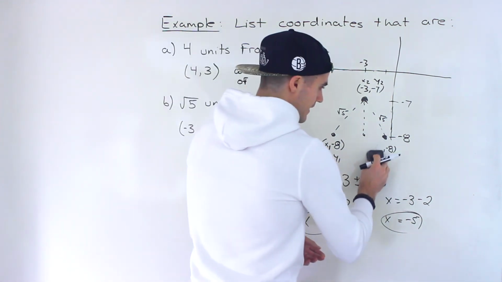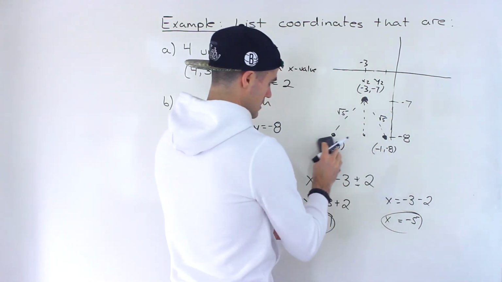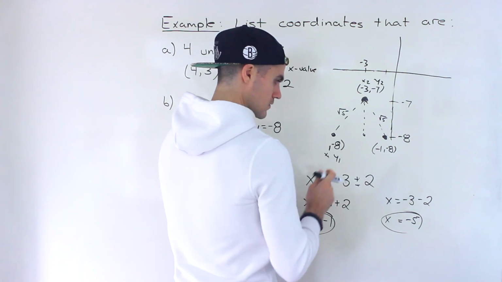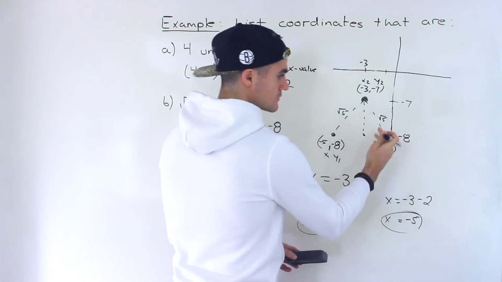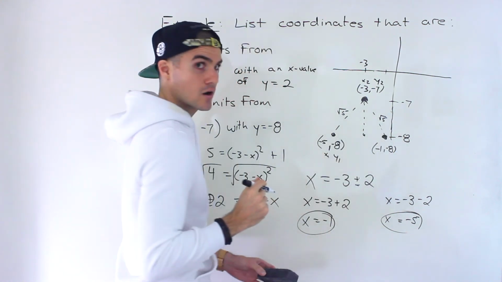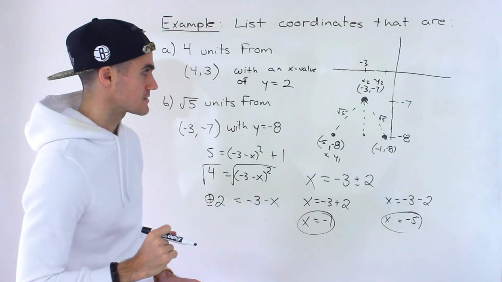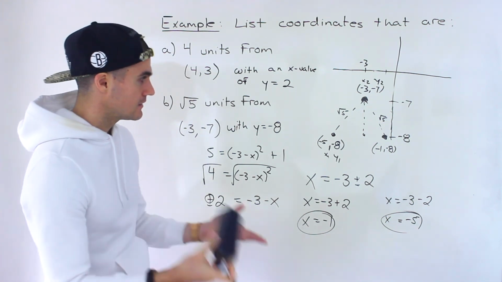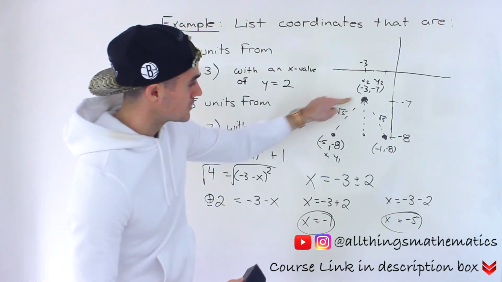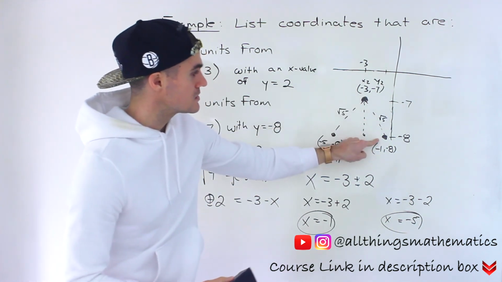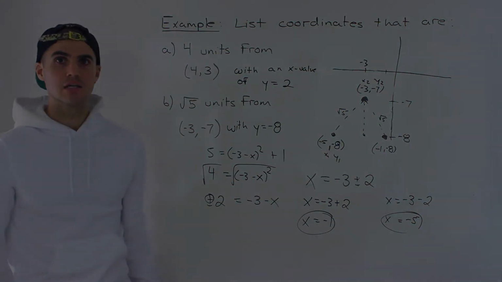So this x value would be negative 1, and this x value here would be negative 5. These x values are negative, so we don't have to adjust the drawing. That point would be to the left of the y-axis. Okay, and again, you could take something like this, test it out, find the length between these 2 points, or between these 2 points, and you're going to see that the length would indeed be root 5.